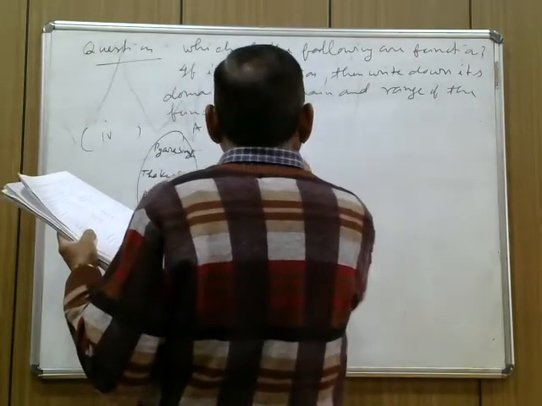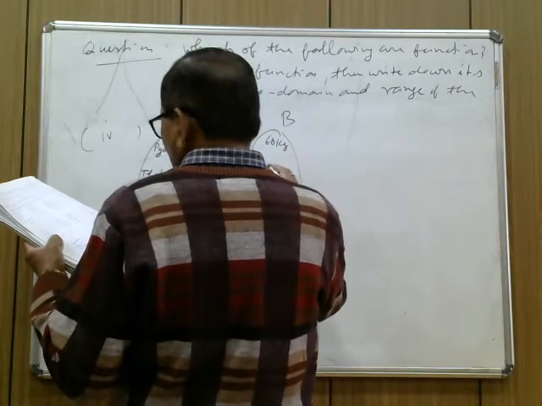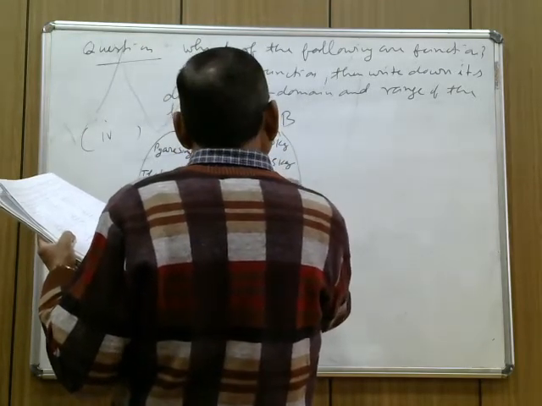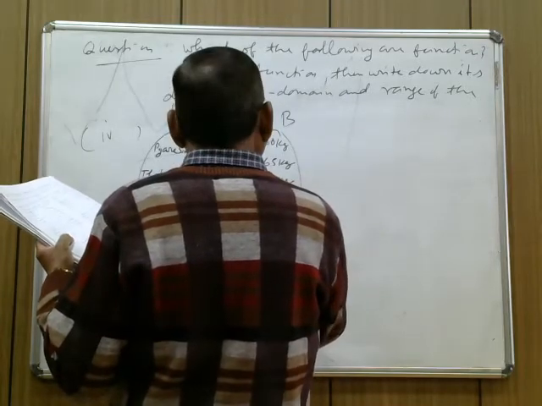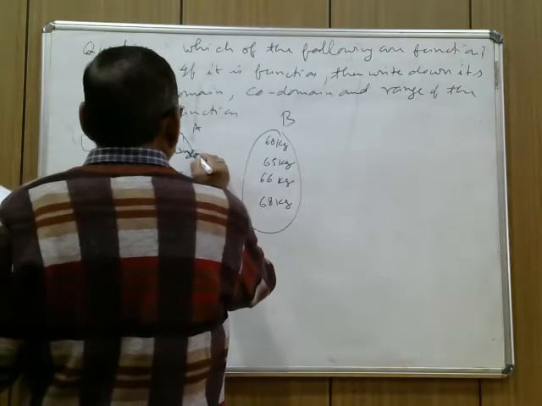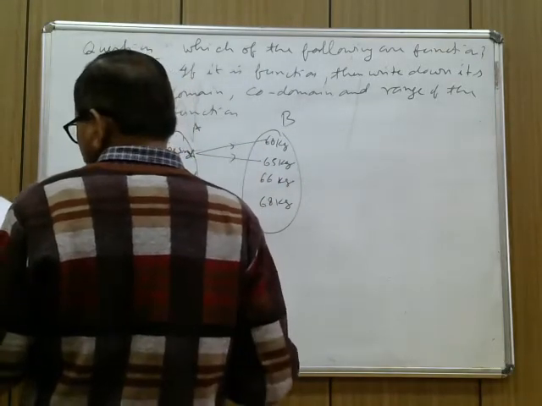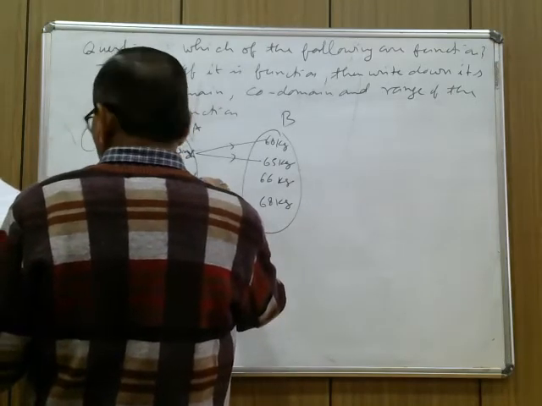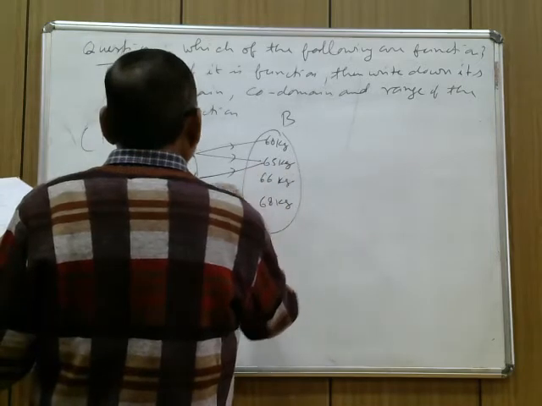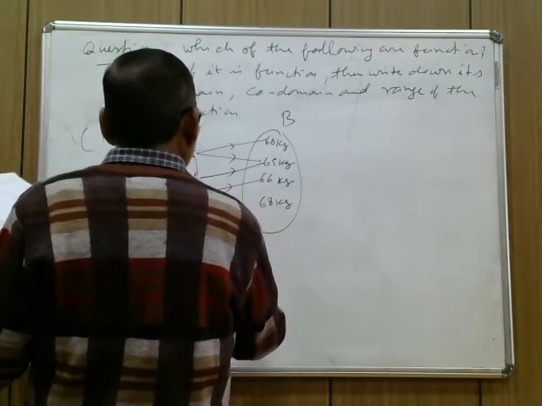And here 65 kg, sorry 60 kg, 65 kg, and 66 kg, 68 kg. Here you see that Pyare Singh has two weights, and Thakur Singh this.